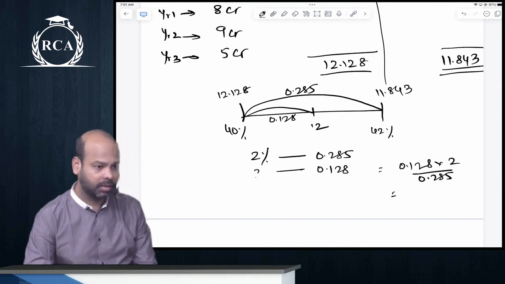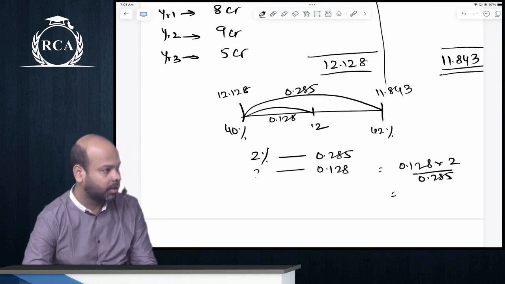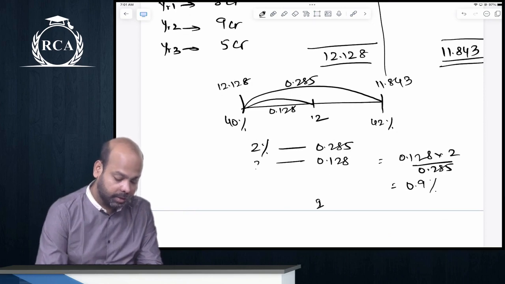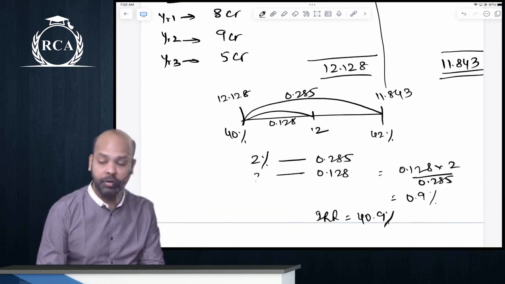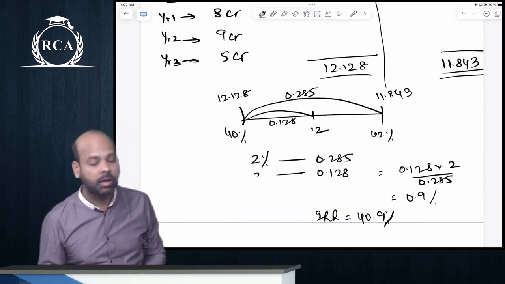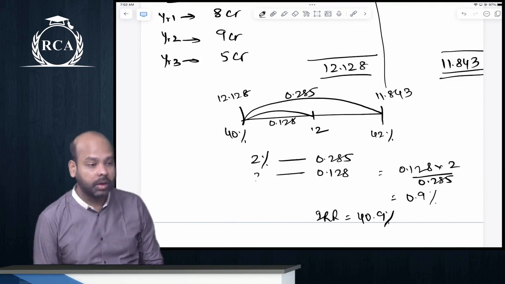0.009 नहीं बेटा, तो percentage से multiply कर दिया अब. 0.9. तो 0.09 बोला, but ठीक है. IRR beta is 40.9%. You started with the base of 40%, guys, to that you will add 0.9%. समझ में आया बेटा ये?